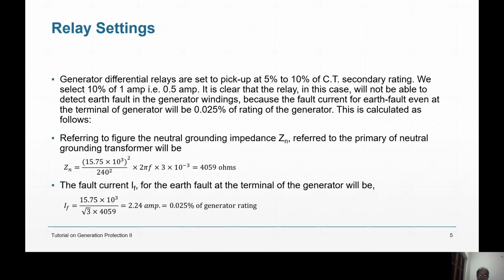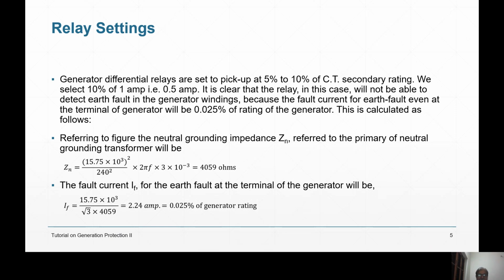You see, 10,000. 0.025 means, if you calculate for 100 into 0.025, then for 10,000 roughly you say, 10,000 by 100 will be 100 into 0.025, 2.5% of generator rating. 2.5% of 10,000 ampere if you calculate.